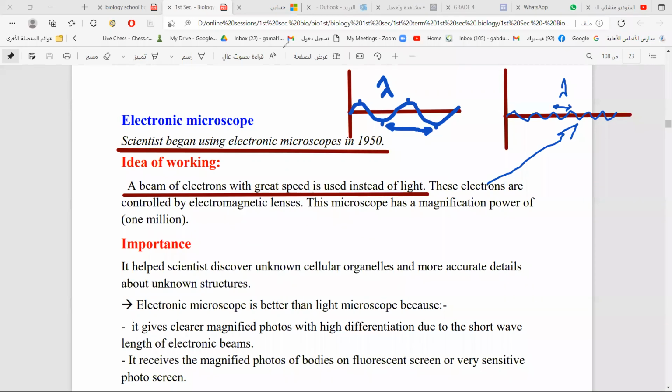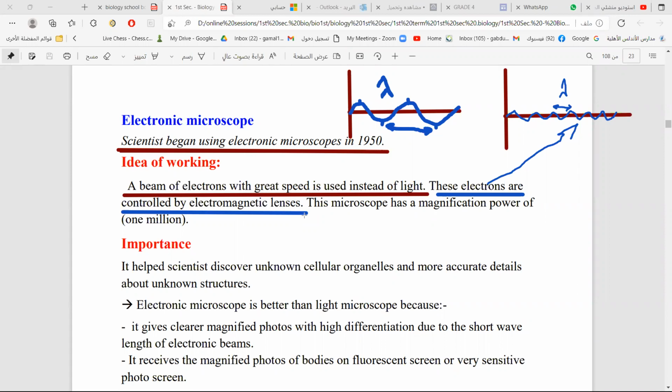And these electrons are controlled by electronic lenses, not glass lenses. The light microscope uses glass lenses, but the electron microscope uses electronic or electromagnetic lenses.